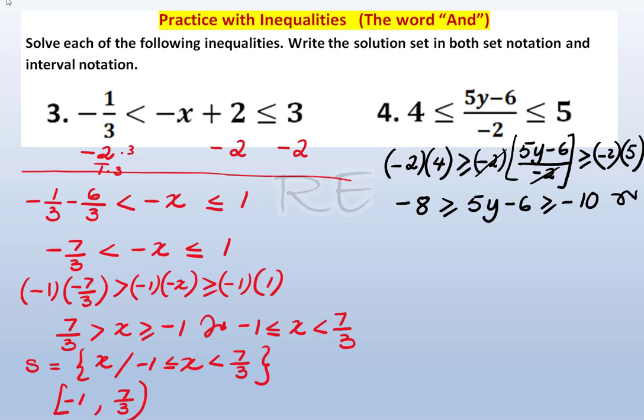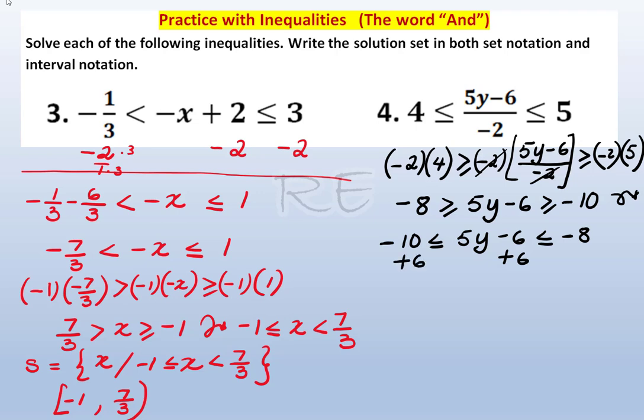Now we can reverse it to write it the other way. -10 is less than or equal to 5y minus 6, which is less than or equal to -8.